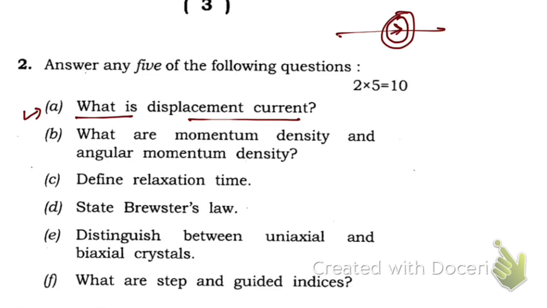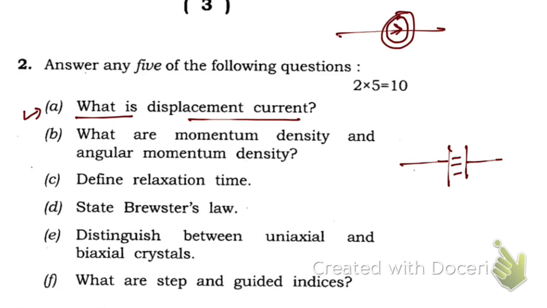For example, let me tell you like this. Suppose this is a capacitor. During the charging of this capacitor, what happens? The change of electric field takes place between these two plates, right?